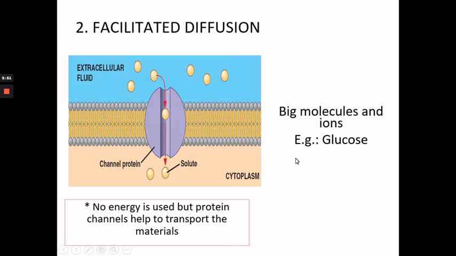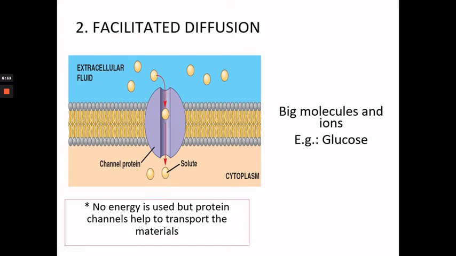So let's look at our second example of passive transport, and that is facilitated diffusion. In facilitated diffusion, the molecules are still moving from a high concentration area to a low concentration area.